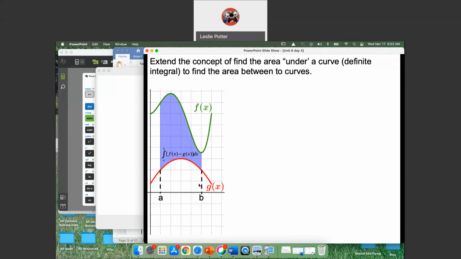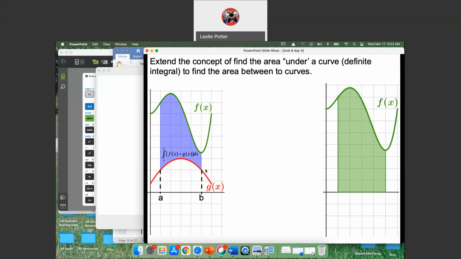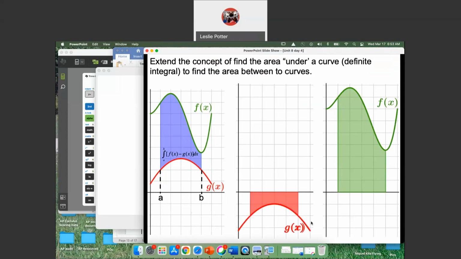And the nice thing about this adaptation, here's my same function that I started with, f of x, is that even if I have a g of x that has a negative value, and you can picture these being superimposed, then I have a region that's green plus red.